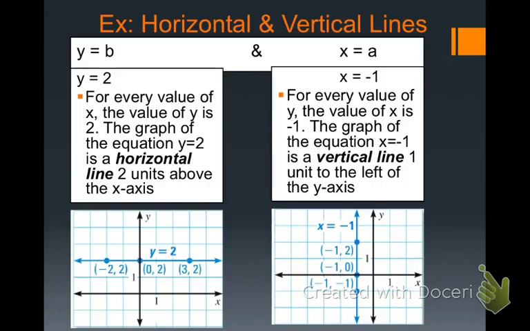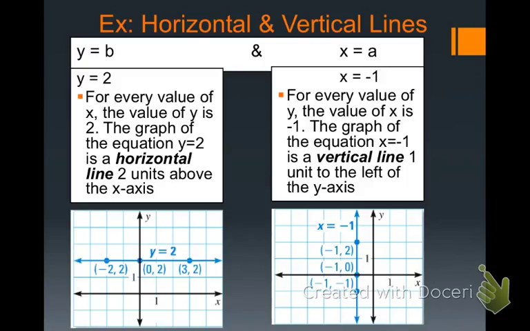So to give you an example, first on the left, y = b, remember, is our horizontal line. So let's look at the equation y = 2. So for every value of x, no matter what value of x we pick, the value of y is 2. So the graph of the equation y = 2 is a horizontal line 2 units above the x-axis.